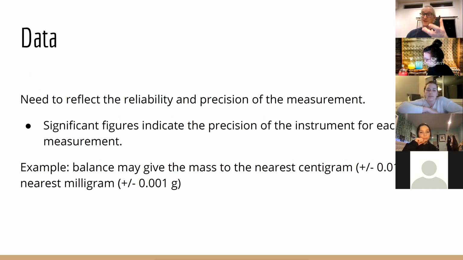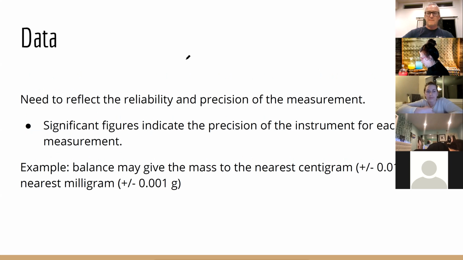So our data needs to reflect the reliability and the precision of whatever measurements we're doing. So this is where significant digits comes in. So for example, the balance you're going to be using gives mass to the nearest hundredth of a gram, or centigram. Or I think some of them might be milligrams. I'm not sure.